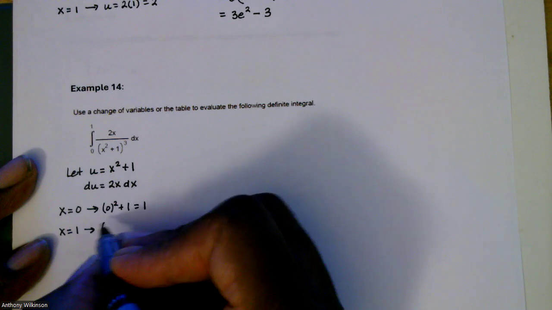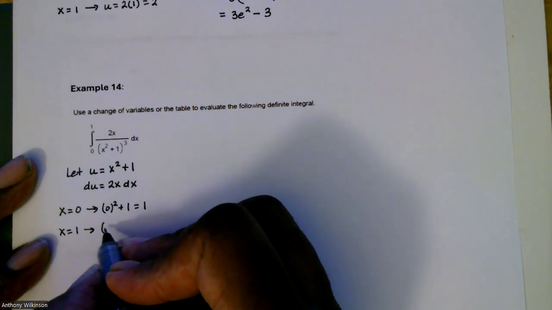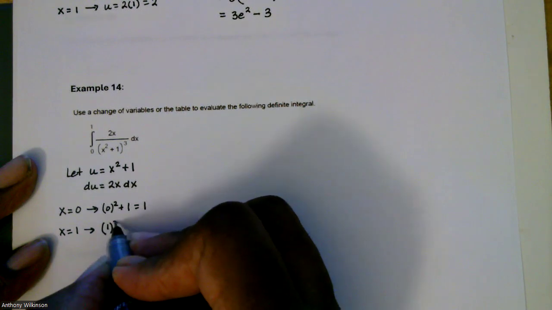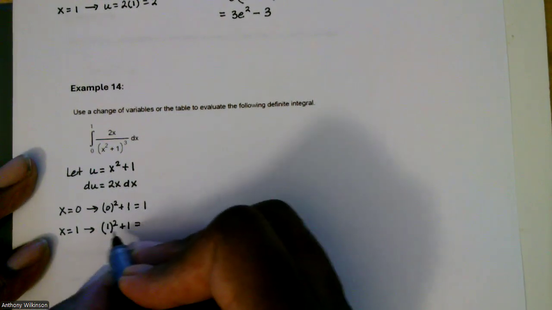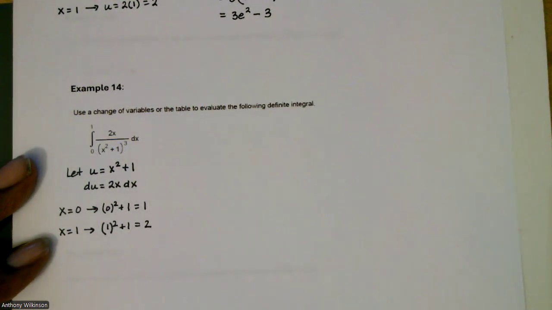And then for x equals 1, replace this x with 1 in the u equals x squared plus 1. So it'd be 1 squared plus 1. Well, here 1 plus 1 is 2. So my new limits are going to be from 1 to 2.